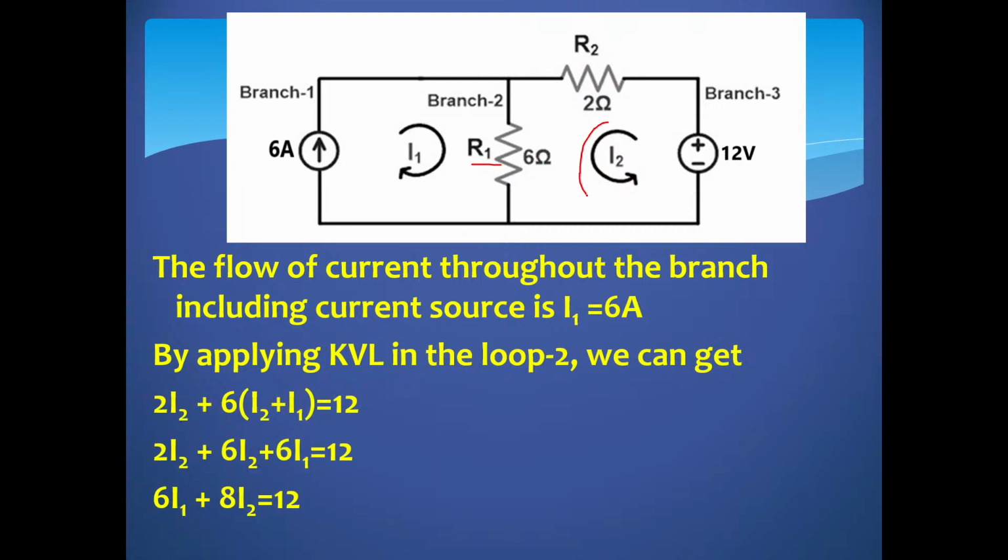If you observe, I2 is downward and I1 is also downward, meaning I1 and I2 are in the same direction, so the currents will add. So 12 is equal to R2 into I2 plus R1 into (I1 plus I2). R2 value is 2 ohms and R1 value is 6 ohms.